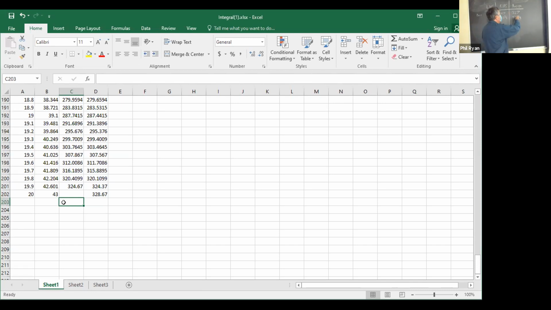So this would be my answer, and I'd be very confident of it because this one is converging to it, but these are also converging to it. So everything here seems to be converging on that number. So this is a pretty good answer.